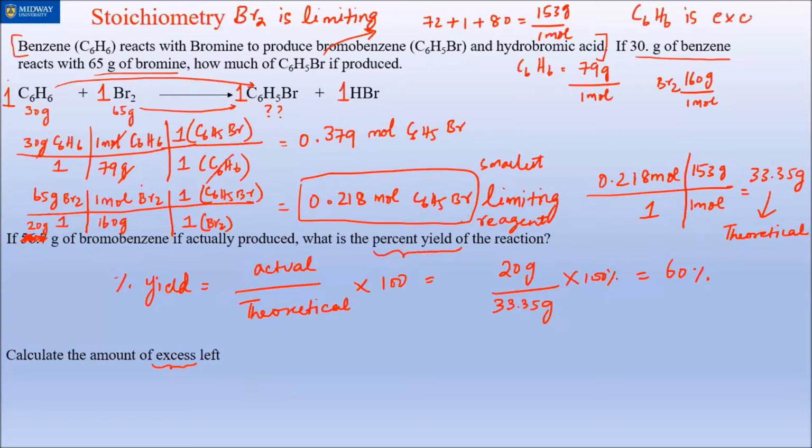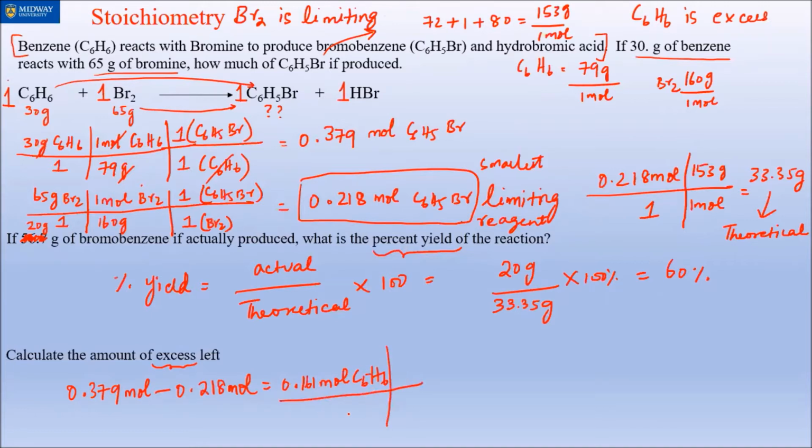How we find the amount of excess left is, you take the 0.379 moles and subtract 0.218 moles from it. 0.379 minus 0.218 is 0.161 moles. And that corresponds to the amount of benzene that's left. So this is how much benzene is left after the reaction is complete.